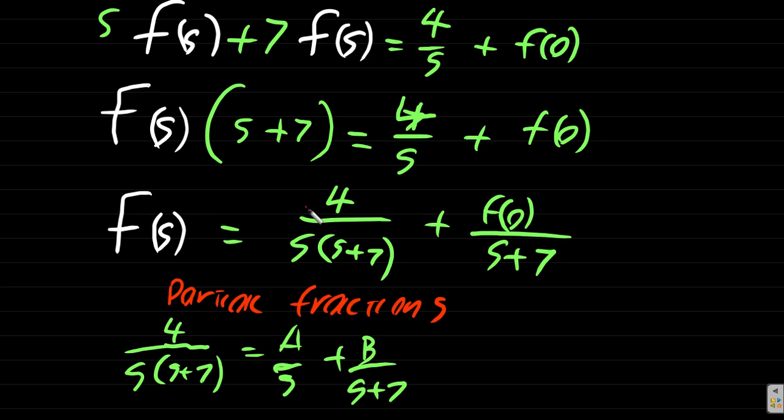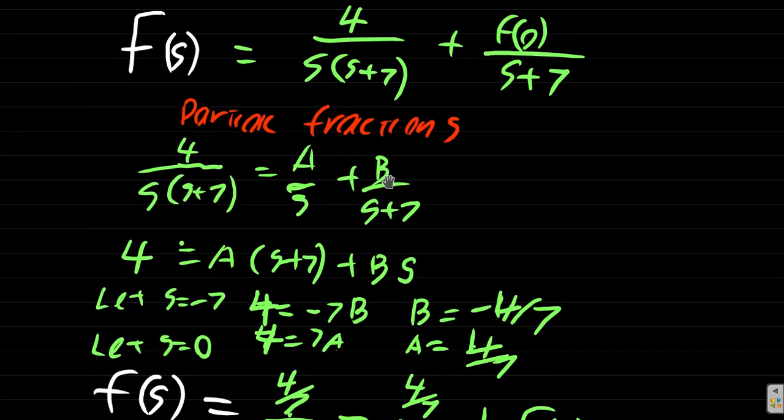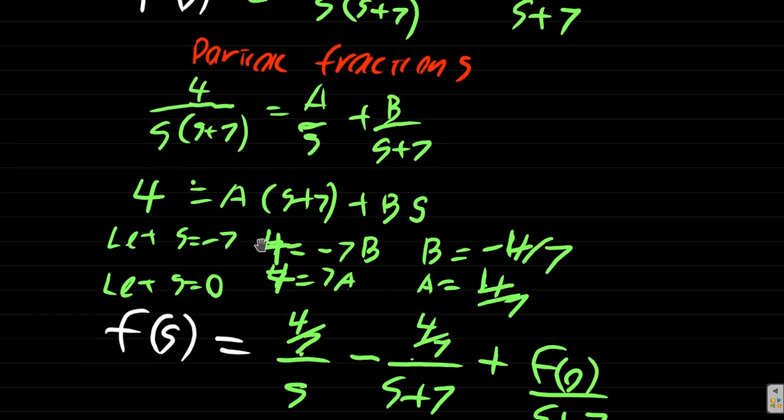When we did that, we put it as 4 over s times s plus 7 equal to a over s plus b over s plus 7, and multiplied both sides by s plus 7. In the previous video I made a mistake by putting 7 here instead of 4, and I had to redo a lot of it.